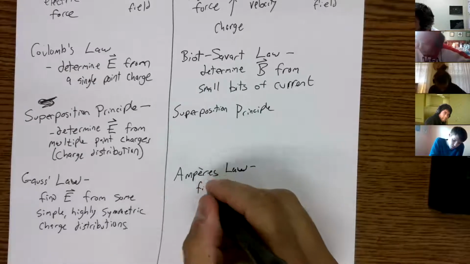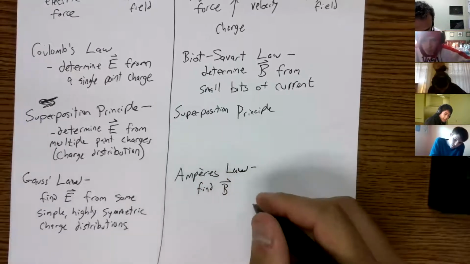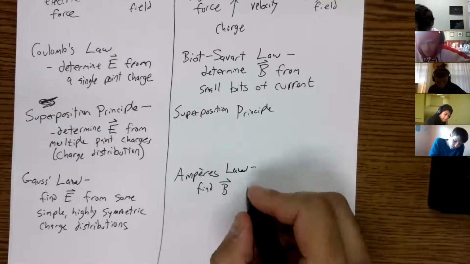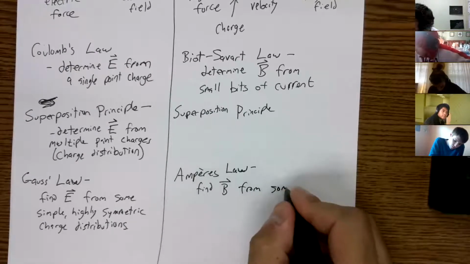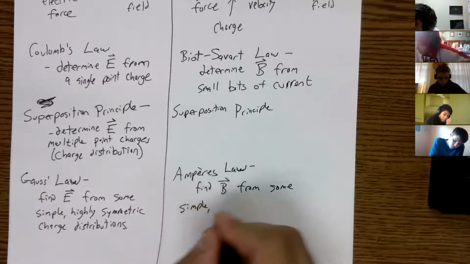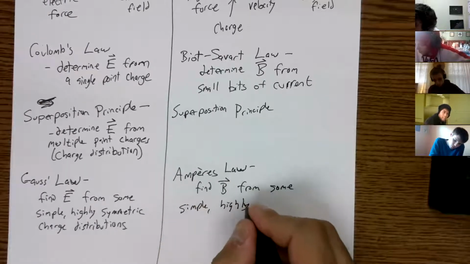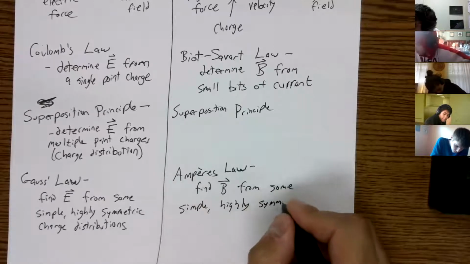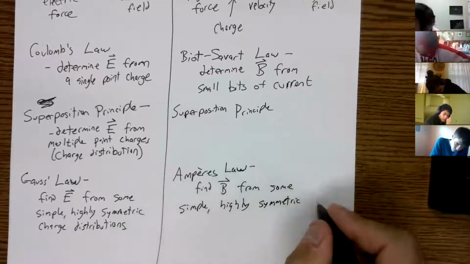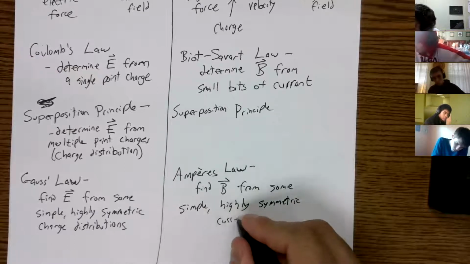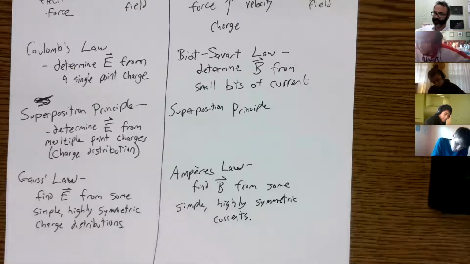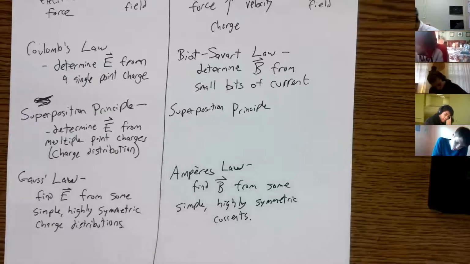And that's going to help us find the magnetic field from some simple, highly symmetric currents, such as an infinitely long wire or a coil of wire called a solenoid. Ampere's law and Gauss's law are kind of shortcuts to find the electric and magnetic fields in those symmetric situations.